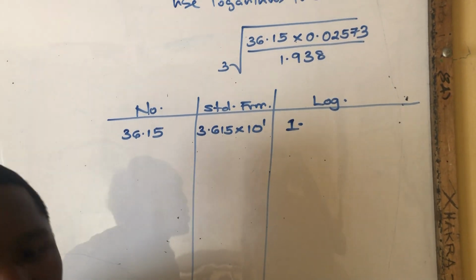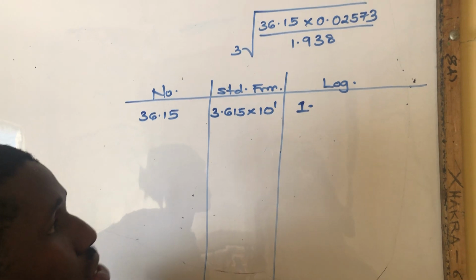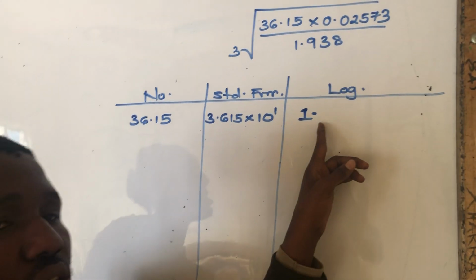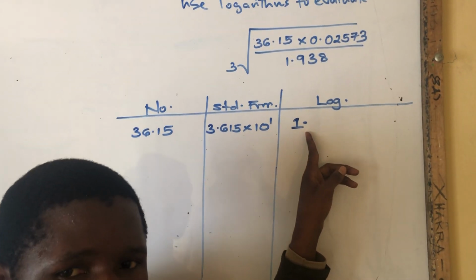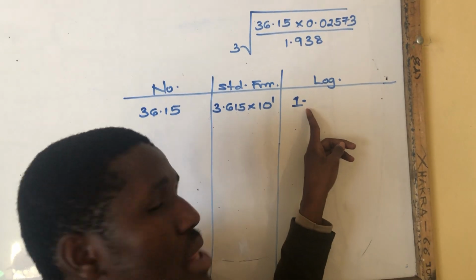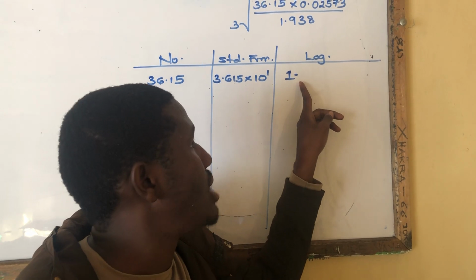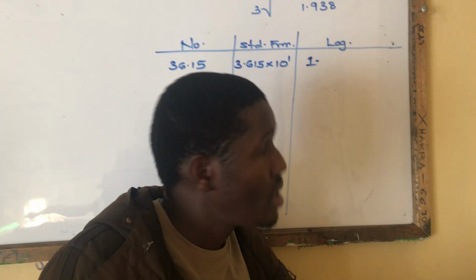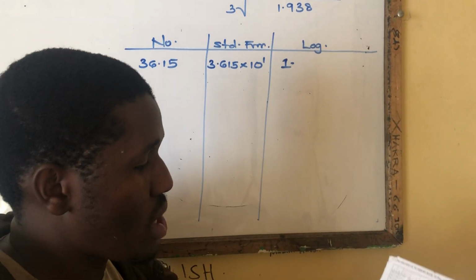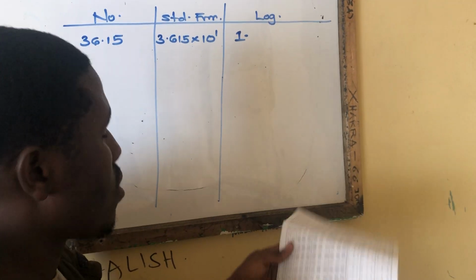Where do we get the mantissa from? The mantissa, the student is required to read from the mathematical table. I hope that every listener knows how to read the table. I'll do this without necessarily showing you. We have got 3.615. We'll read the log of 3.615 from the 4-figure table.